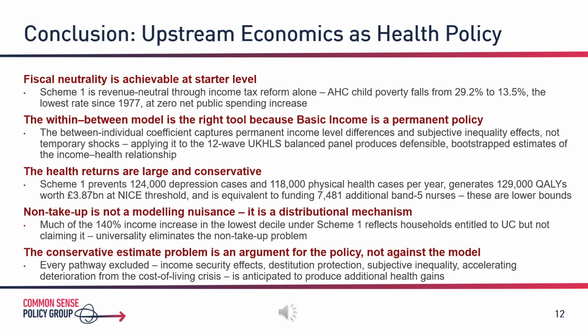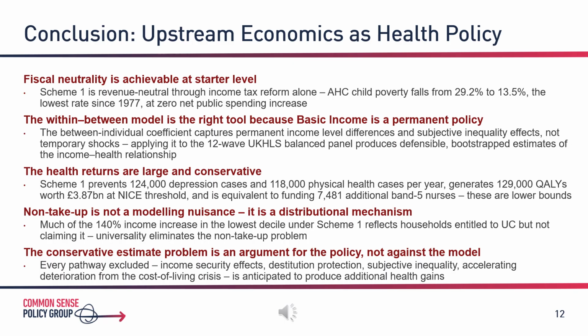We ended with basic income as a public health intervention, preventing 1 million depression cases per year under Scheme 3, generating 655,000 QALYs, saving the NHS and personal social services £1 billion annually. The same policy, evaluated through two different lenses, is both things simultaneously. Together they constitute a more complete case than either alone.